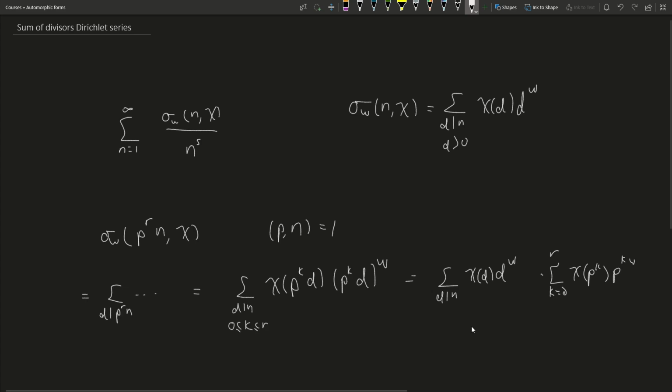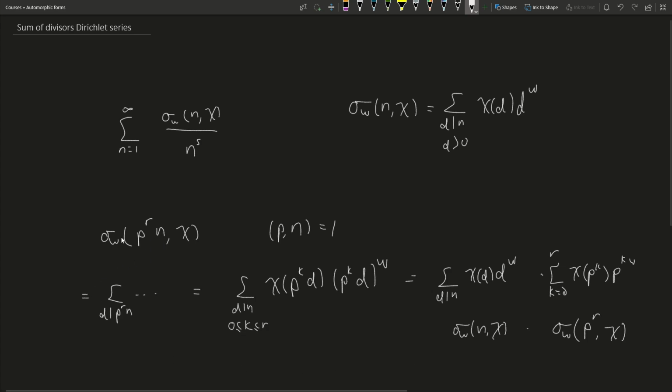The divisors of p to the r are just the powers of p up to r, so this is sigma sub w n chi, and this is sigma sub w p to the r chi.